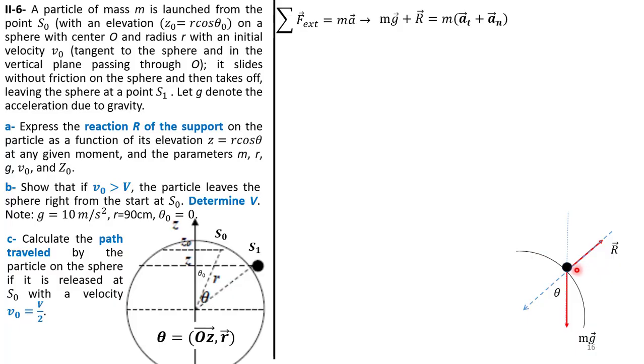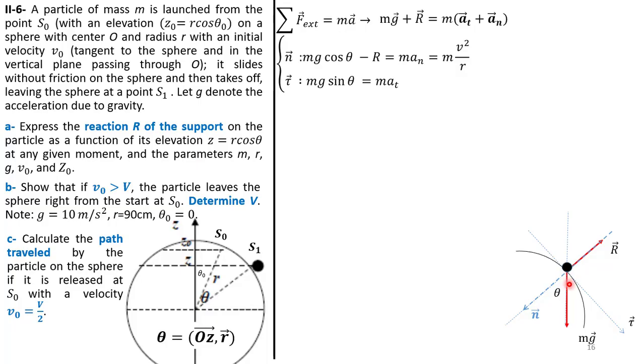To find R, we must project this equation on the direction of R. So let's draw the normal and the tangential unit vectors. The tangential unit vector tau is tangent to the path.